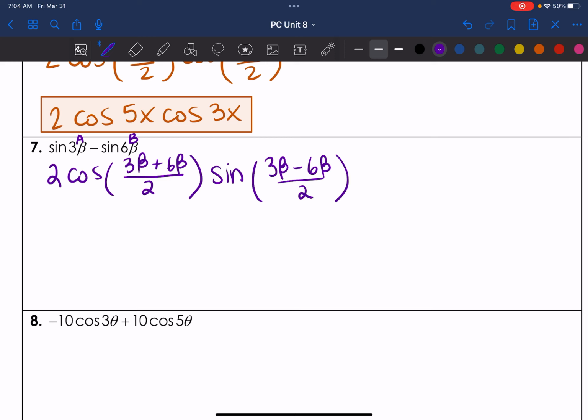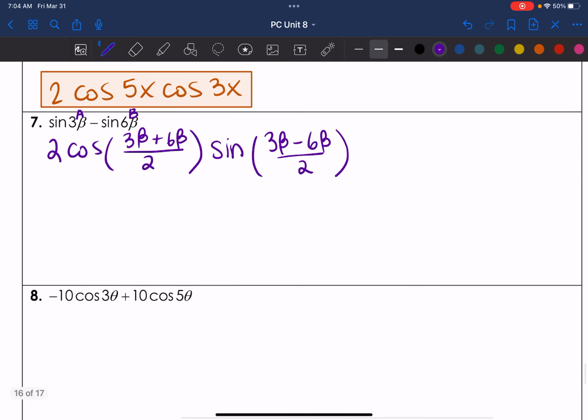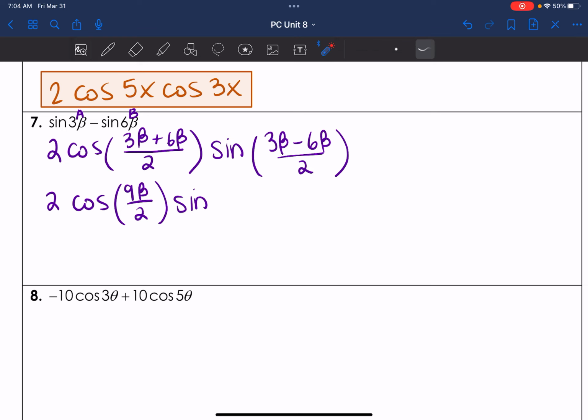Okay, so let's go through and simplify whatever is inside of those fractions. So 2 cosine. Well, up here, just adding them up, 3 plus 6 is 9. So that's going to be 9 beta over 2. And then the next one, subtracting, 3 minus 6 is negative 3.